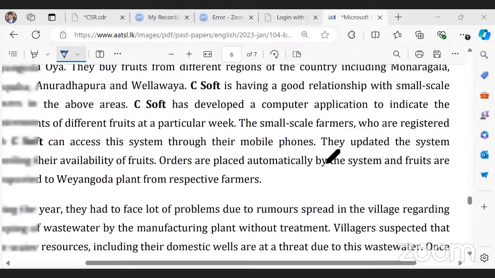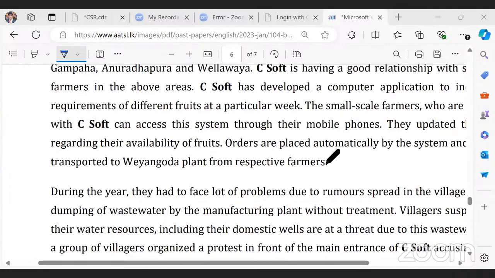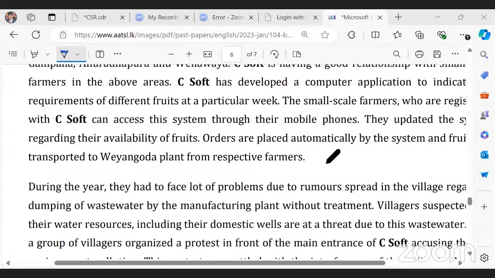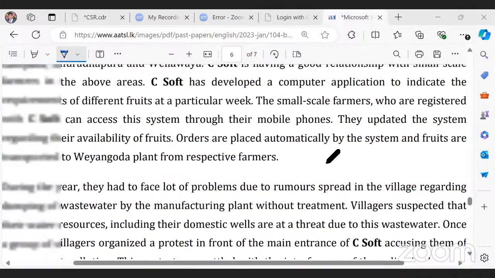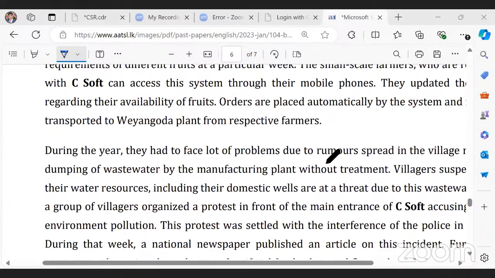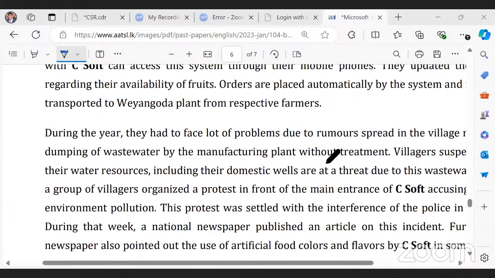They update the system regarding their availability of fruits. Orders are placed automatically by the system and fruits are transported to the Veyangoda plant from the respective farmers.